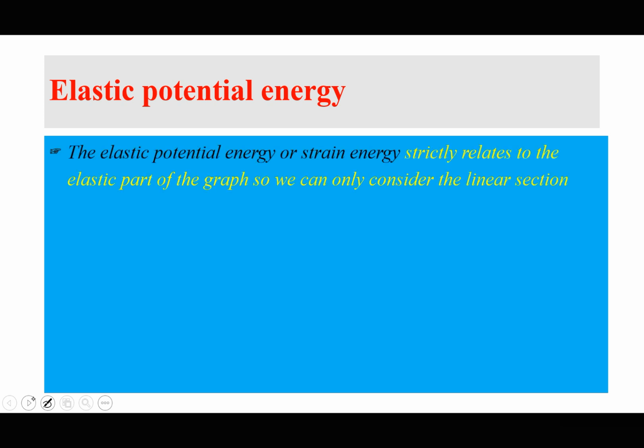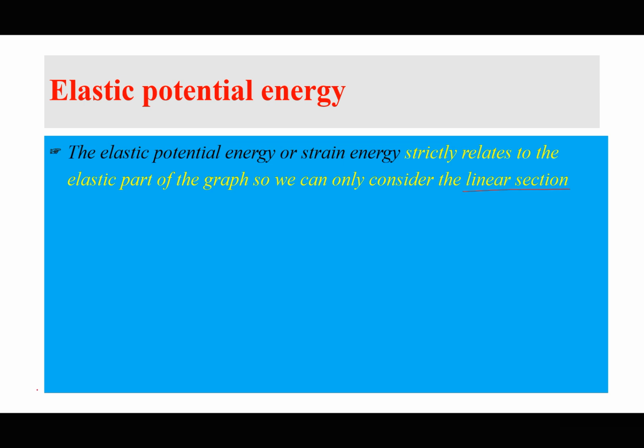The elastic potential energy, or strain energy, strictly relates to the elastic part of the graph, so we can only consider the linear section. Remember I said the elastic limit is very close to the proportionality limit. For learning purposes, we exaggerate the space between them, but the elastic limit is essentially right next to the proportionality limit.